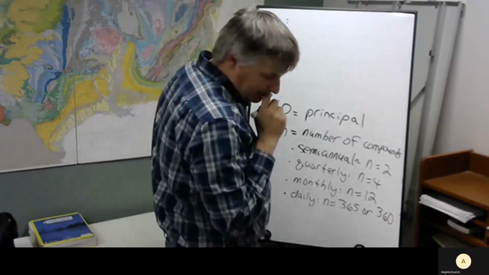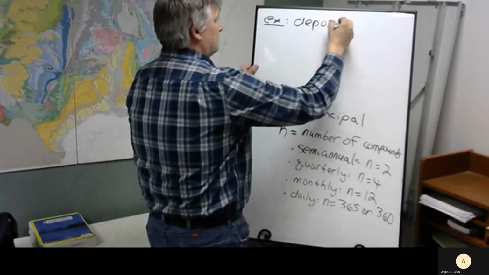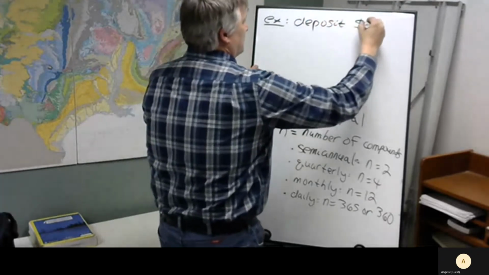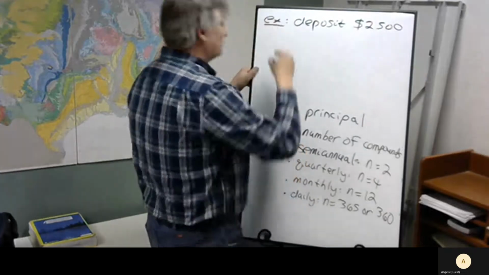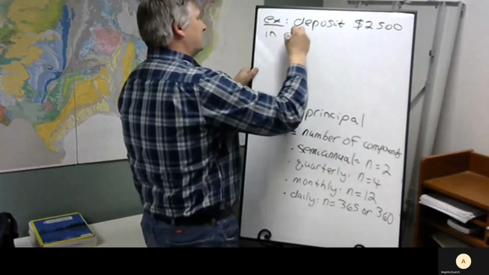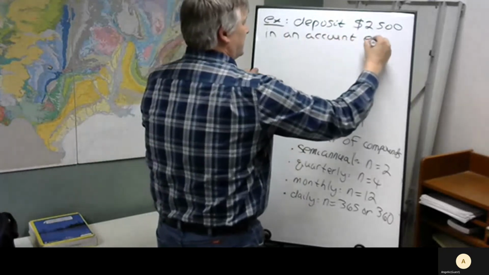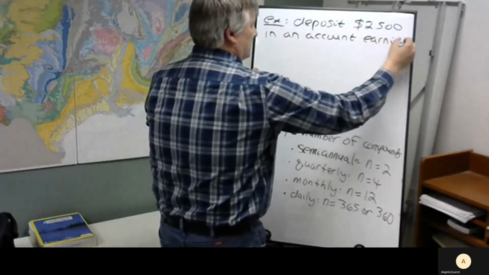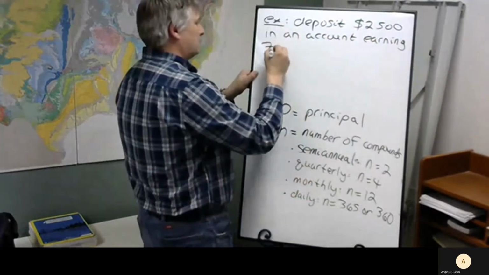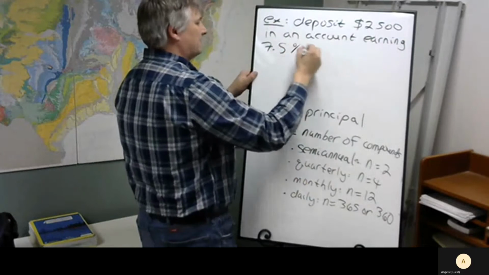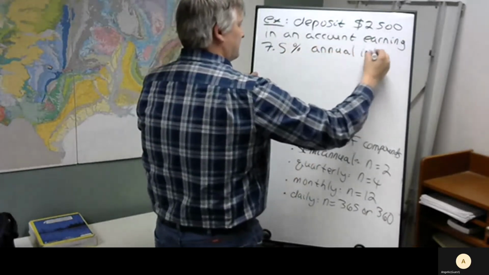So let's suppose you deposit $2,500 in an account, earning 7.5% annual interest.